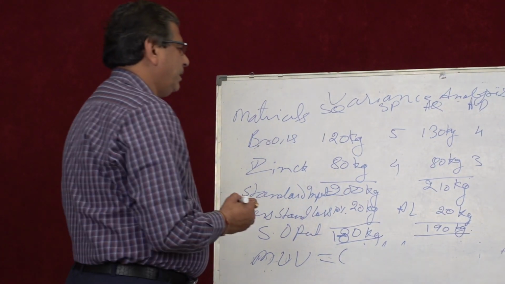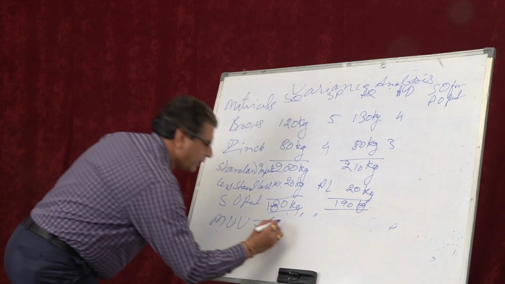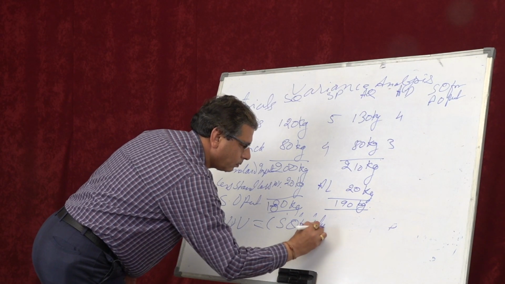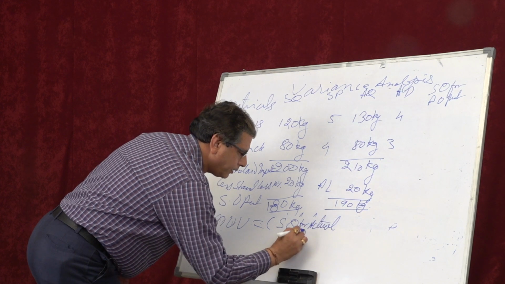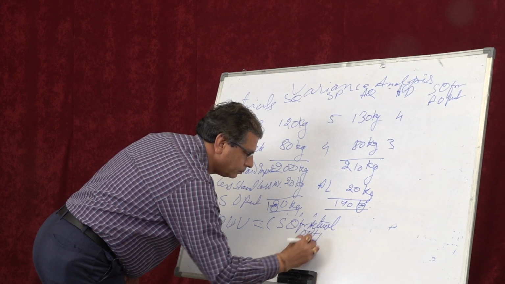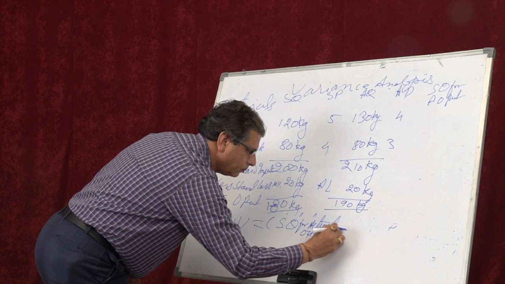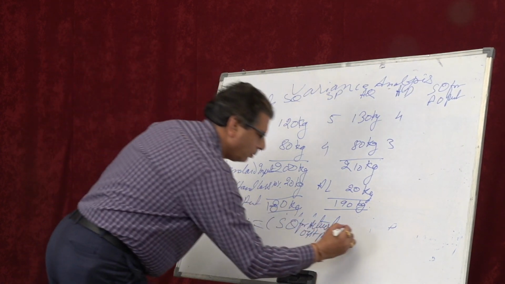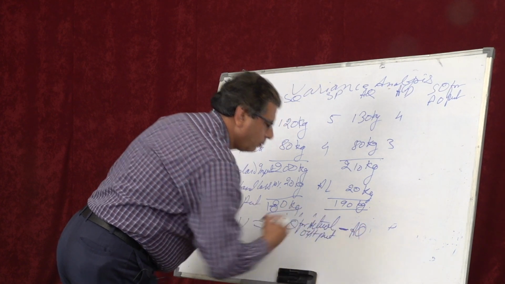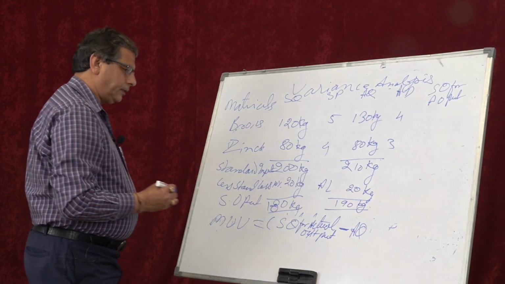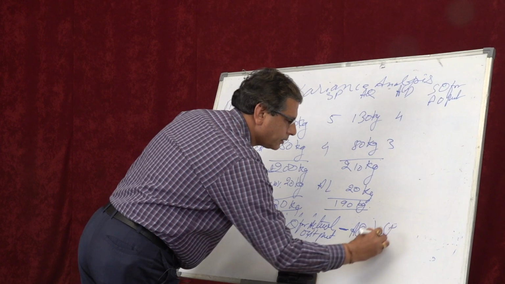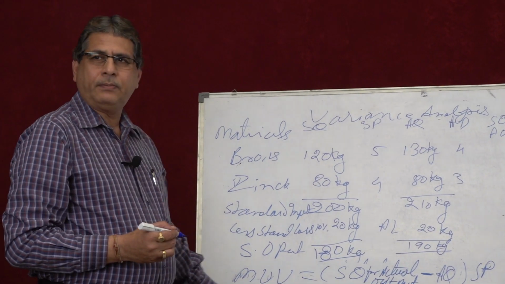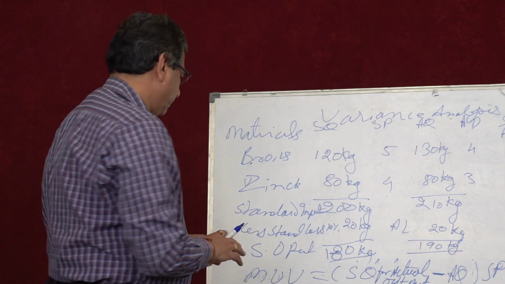So regarding material usage variance, it is standard quantity for actual output minus actual quantity into standard price. This comes either favorable or unfavorable.